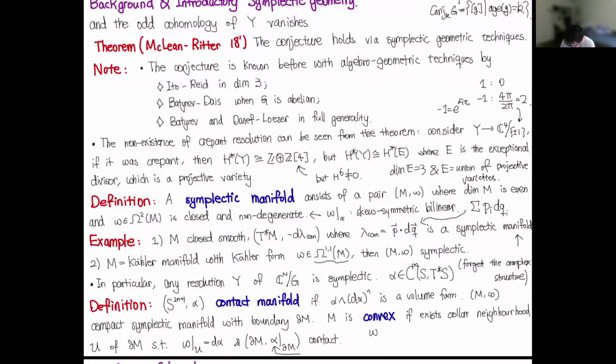Even though omega might not be exact in the total space, omega is exact in the neighborhood of the boundary, so that you can choose a primitive, and this choice of primitive gives you a contact structure on the boundary.